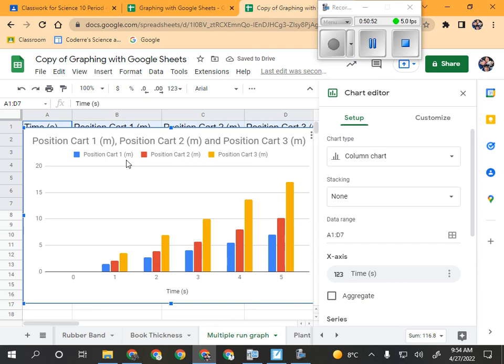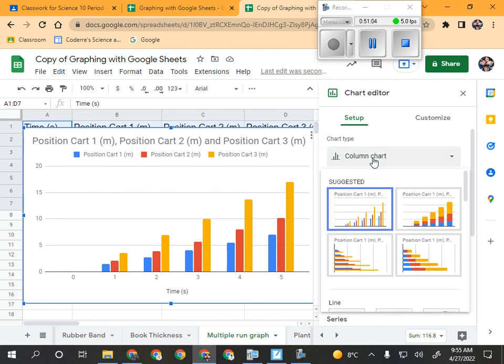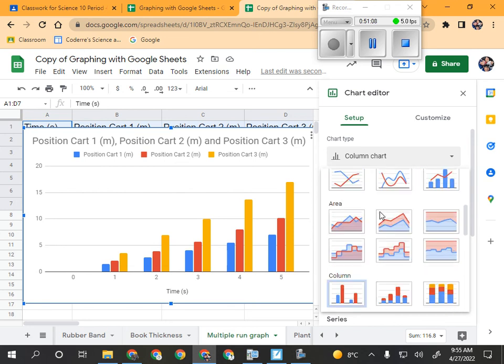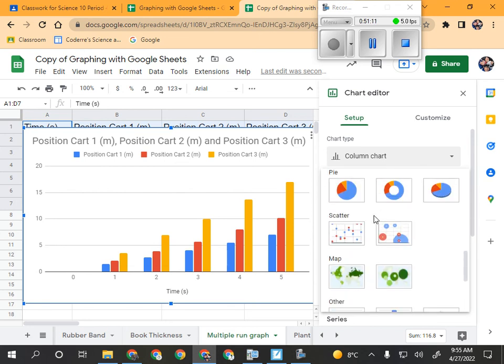It's trying to read your mind and failing. It thinks you want a bar graph. You don't. You want a scatter plot. Where it says chart type, and it's selected column chart, click on that and scroll down until you get to scatter, and you want a scatter chart.